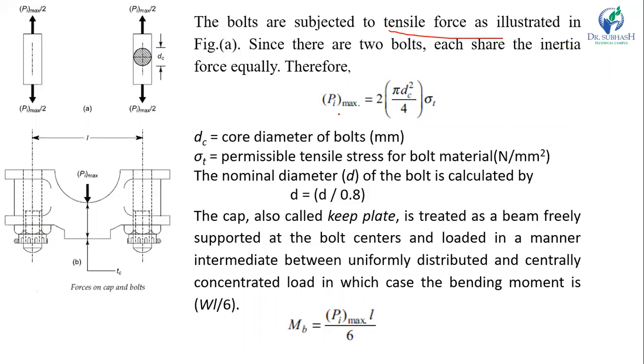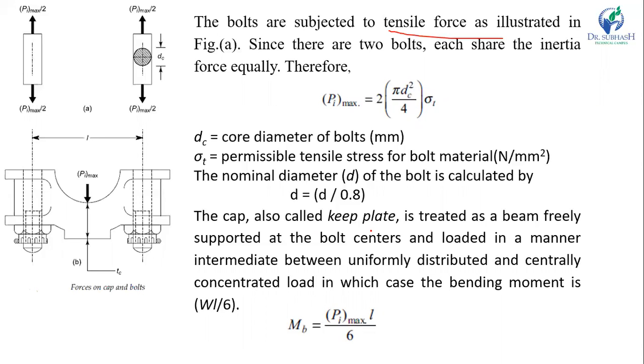Therefore PI maximum is equal to 2 into pi by 4 DC square into sigma T. DC is the core diameter of the bolt, sigma T is the permissible tensile stress for the bolt material. And the nominal diameter D of the bolt is calculated as D is equal to DC by 0.8. So the cap is also called the keep plate.